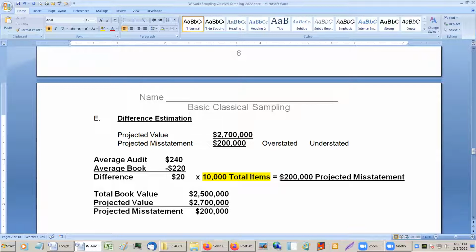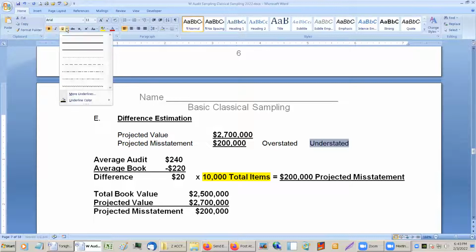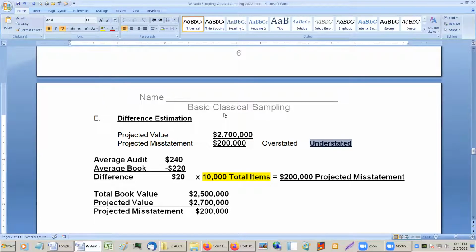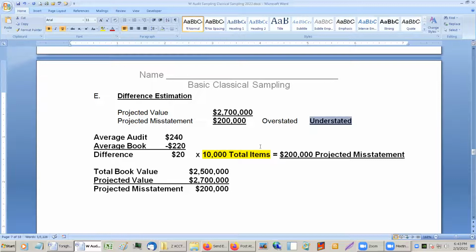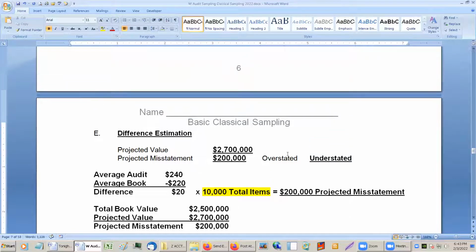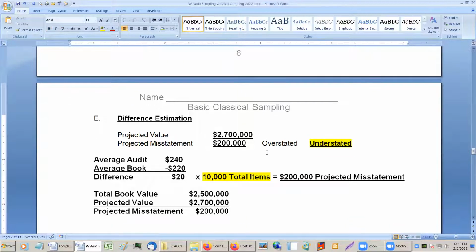So we're saying that this is overstated or understated? Understated. Understated, good. Yeah, they should have 2,700,000 on the books, and they only have 2,500,000.